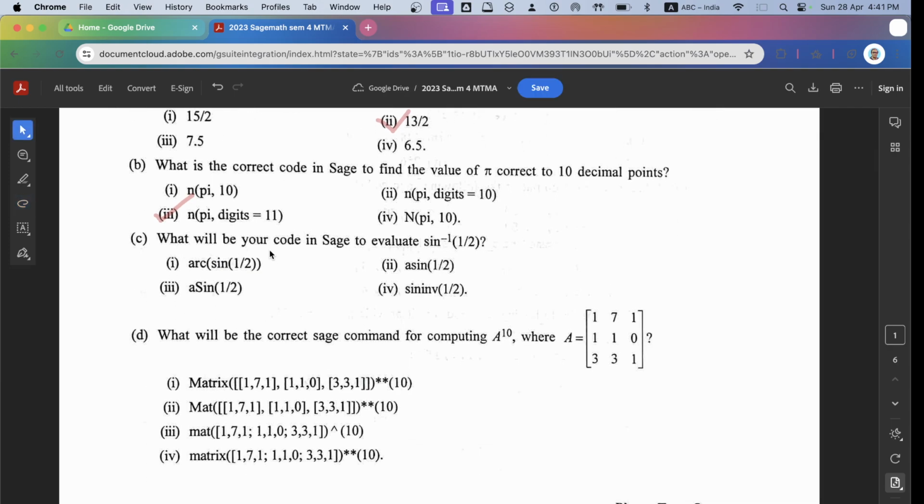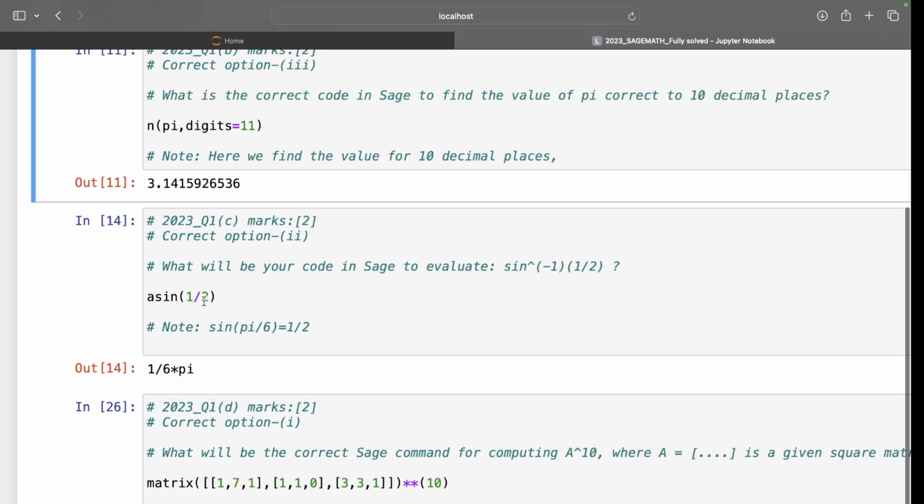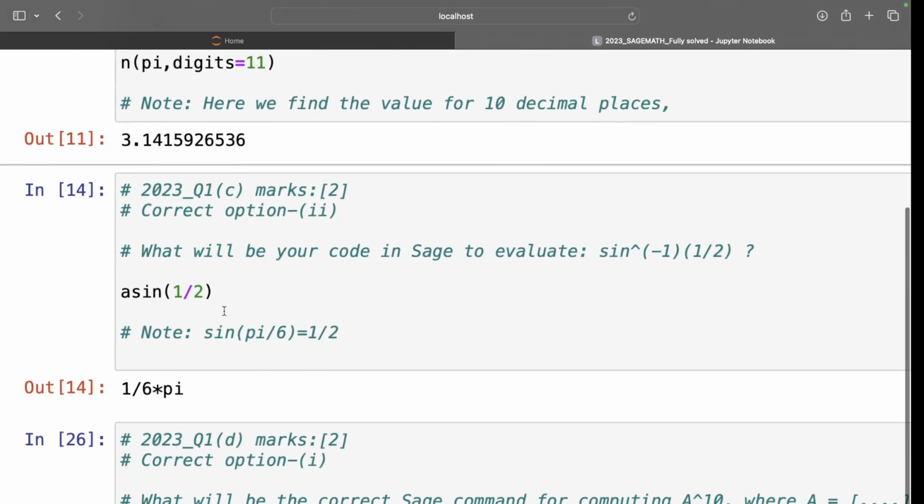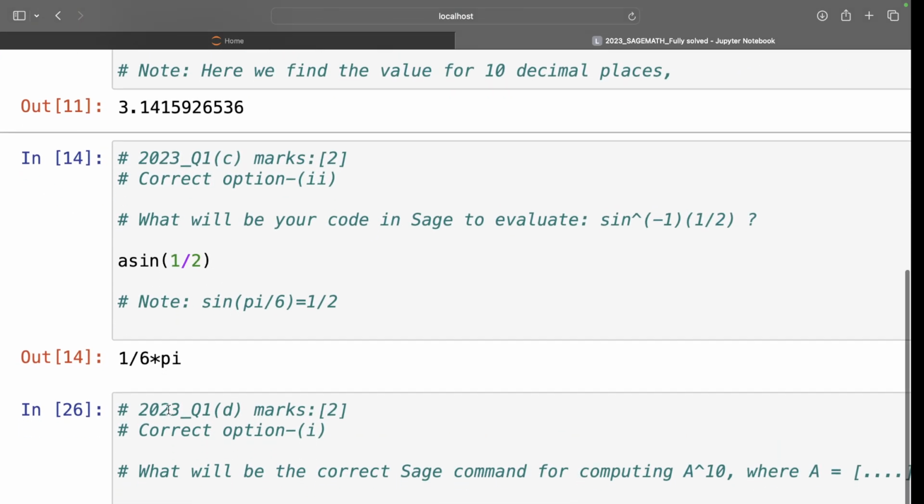What will be your code in Sage to evaluate sine inverse half? Sine inverse half, we write here asin(1/2). Actually, this code is asin half, sine inverse half, and we know that sine pi by 6, sine 30 degrees, equals half. So this equals pi by 6.